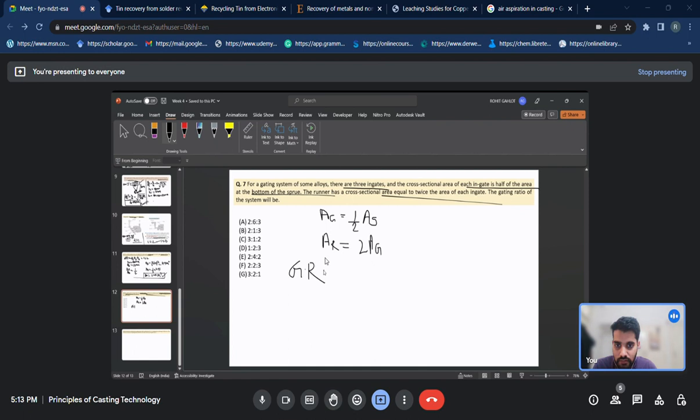And we can write the gating ratio as area of the sprue to the area of the runner to the area of the gate.